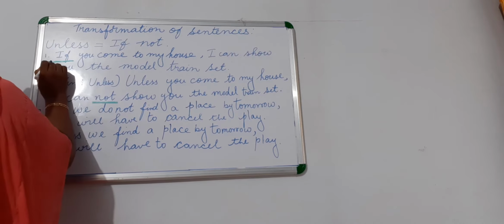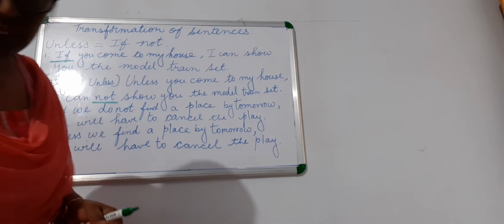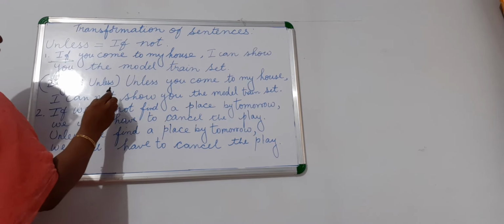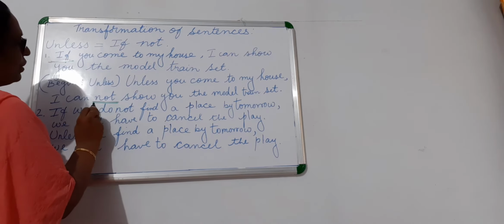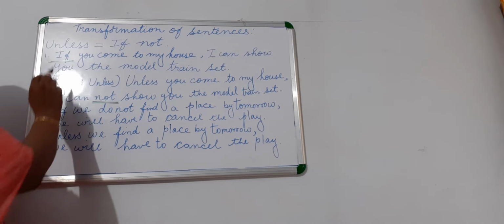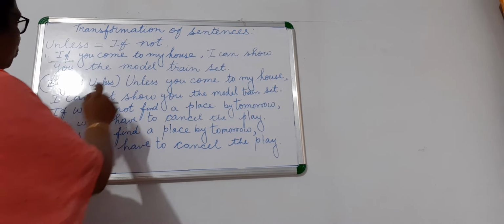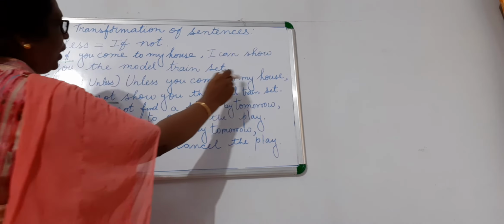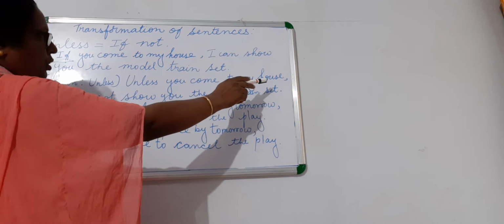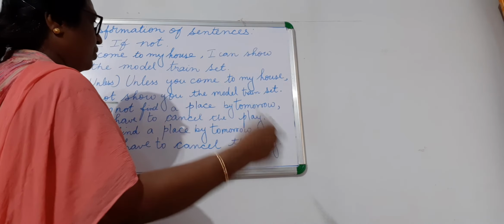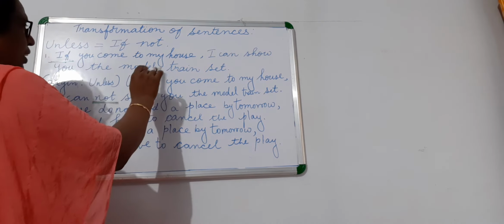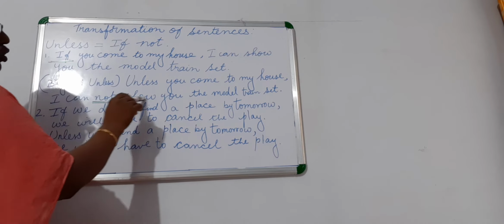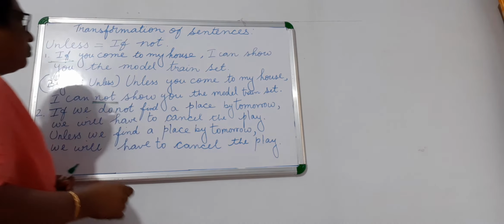If the color is not clear, I will use the other one. So here, if and there is no not in the question, you have to use not. You have removed if. So, unless you come to my house, and don't forget to put a comma there. If you miss this, your answer is wrong, as it is a sentence which carries a condition. I cannot show you the model train set.